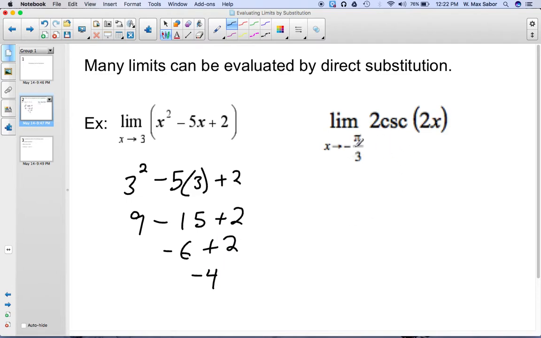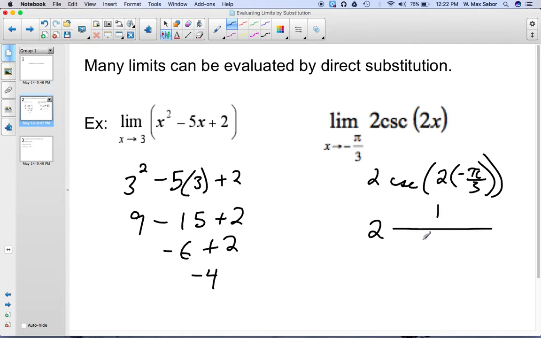Here, the limit as x approaches negative pi over 3 of 2 cosecant of 2 times negative pi over 3. Cosecant is 1 over sine, so 2 times 1 over sine of negative 2 pi over 3. Sine of negative 2 pi over 3 is negative square root of 3 over 2.